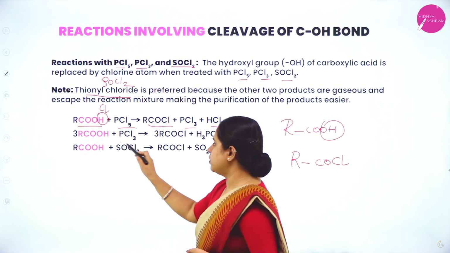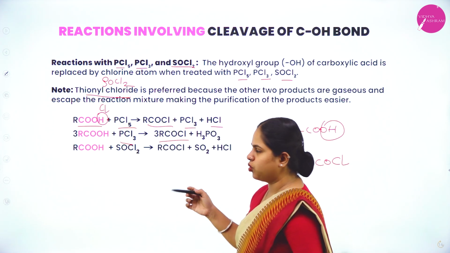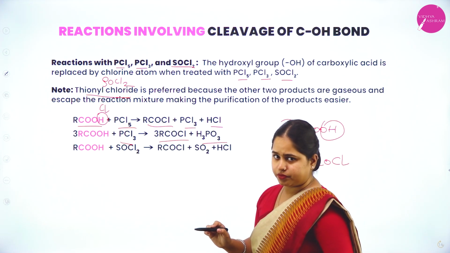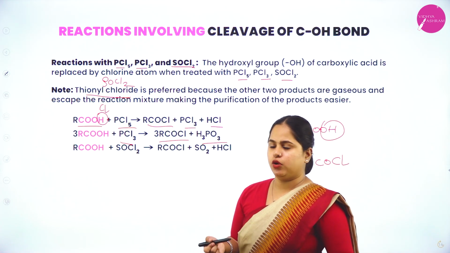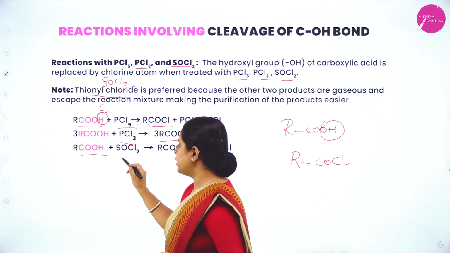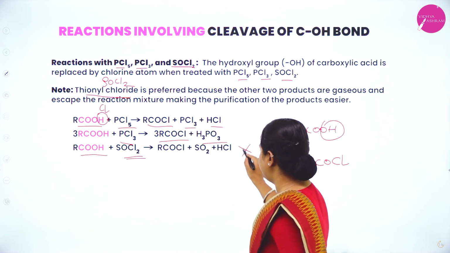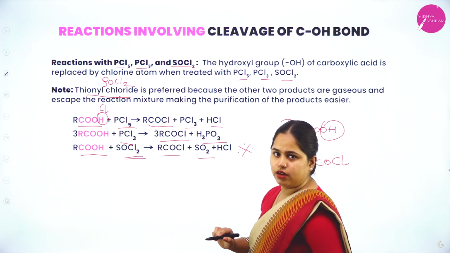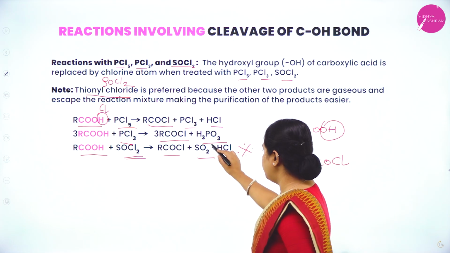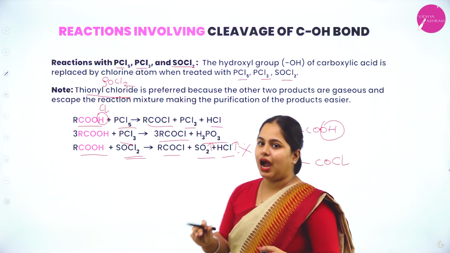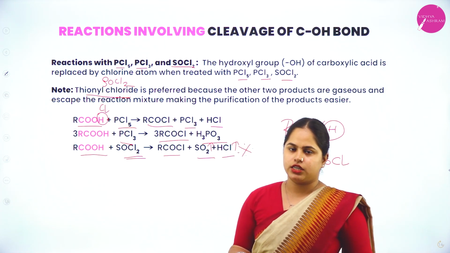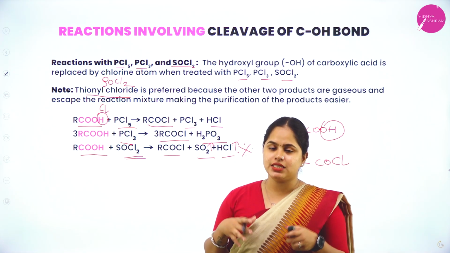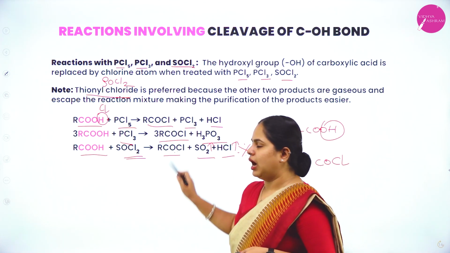Now if it is reacting with PCl3, you will get, of course, acid chloride and phosphorus acid, that is H3PO3. Now if it is reacting with thionyl chloride, this reaction is important. You are going to get acid chloride, SO2, sulfur dioxide gas, and HCl. Both of these are gases and will escape from the reaction mixture, so it becomes easy to purify your acid chloride.